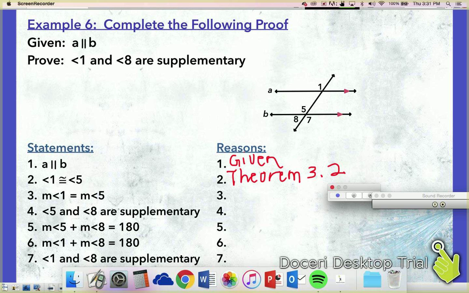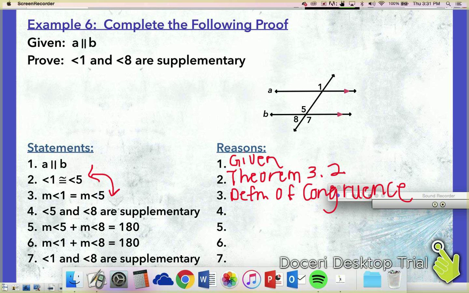Well, because we know that congruent angles have equal measure. That's the definition of congruence. Remember that if something is congruent, it is equal in measure.